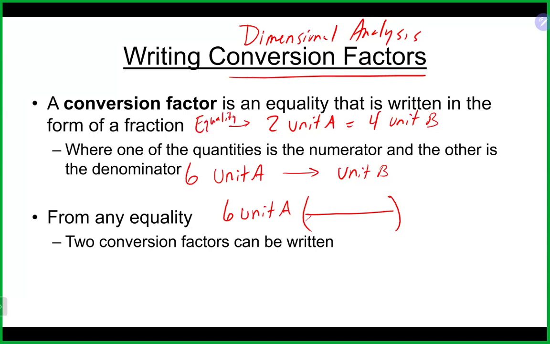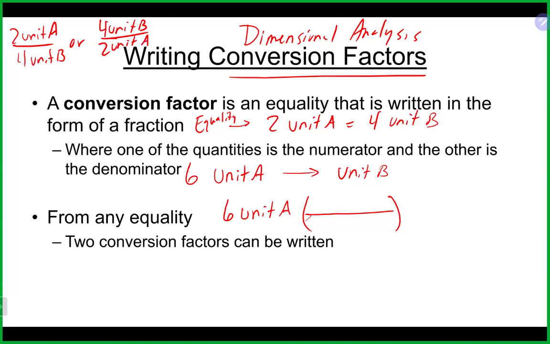From any equality you have, you can write two conversion factors, and they're basically just fractions. I could say 2 of unit A over 4 of unit B, or the other conversion factor is just the reverse of that, 4 of unit B over 2 of unit A.